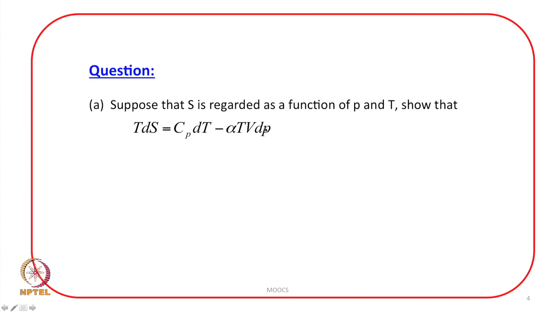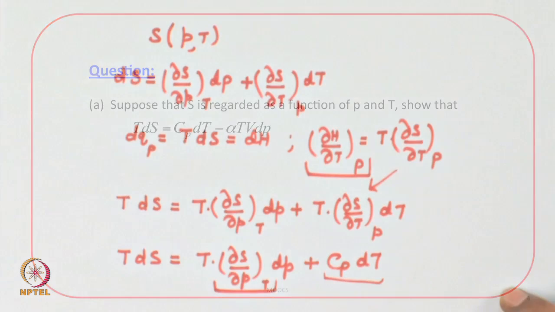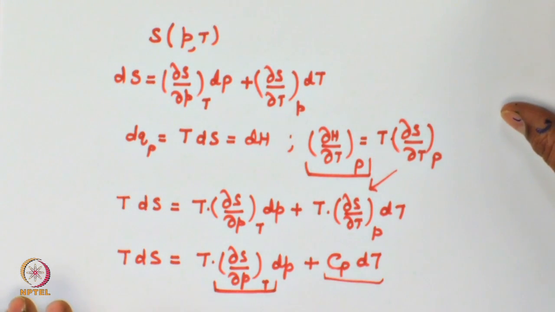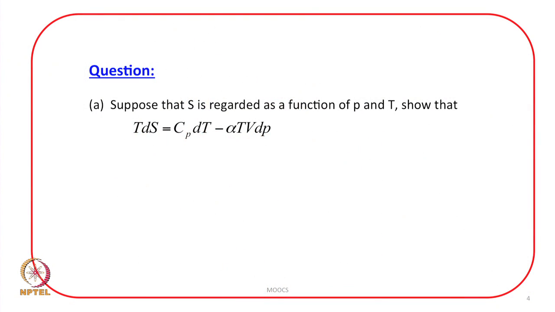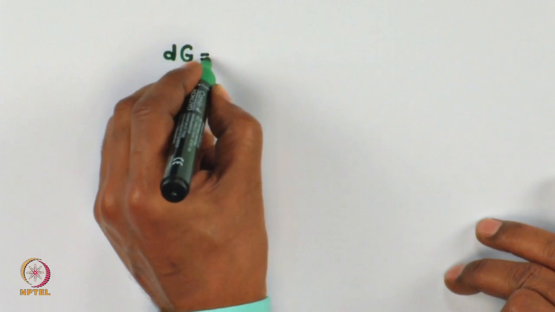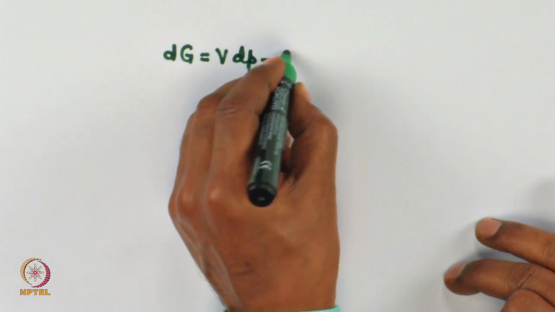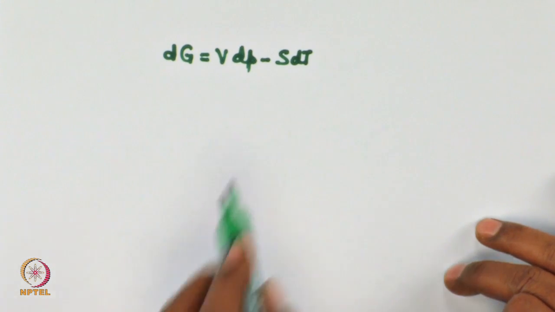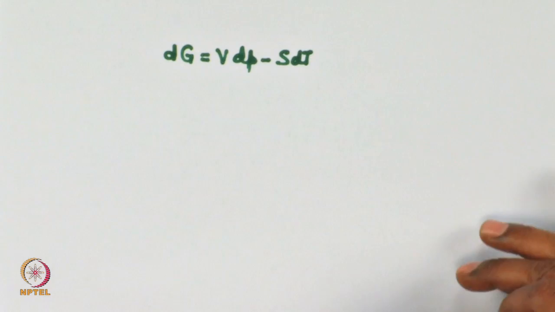Now, we need to get the other part, and in order to get the other part, we can again use the Maxwell relation. What we need now is the variation of entropy with pressure, and for that we can use another Maxwell relation from dG is equal to V dP minus S dT, because this will allow me to express the variation of entropy with respect to pressure at constant temperature.